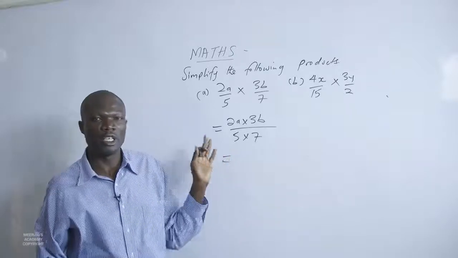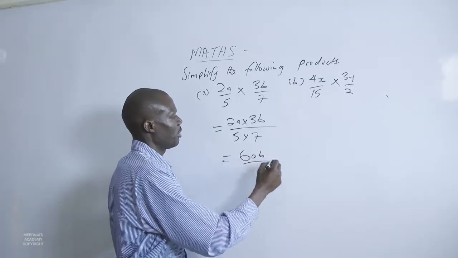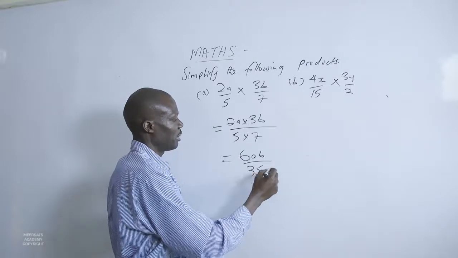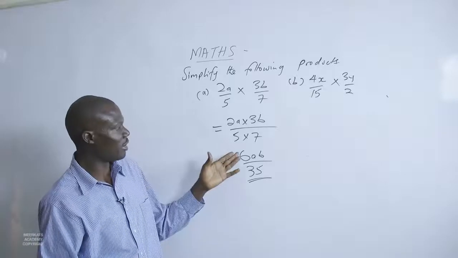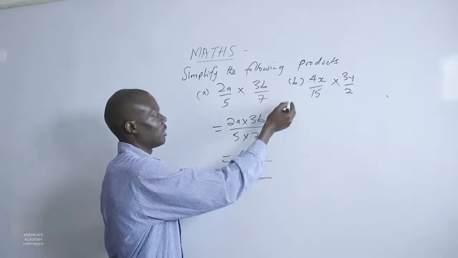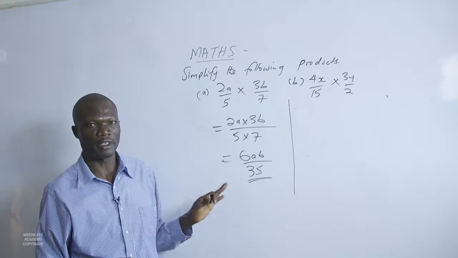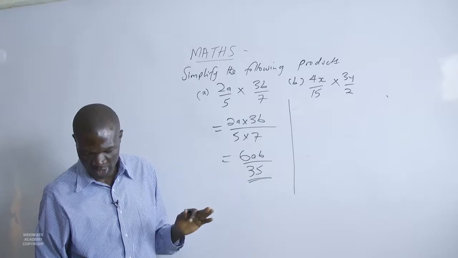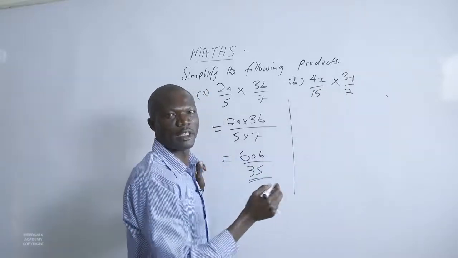This one will give us 2a times 3b is 6ab over 35. This is our answer.